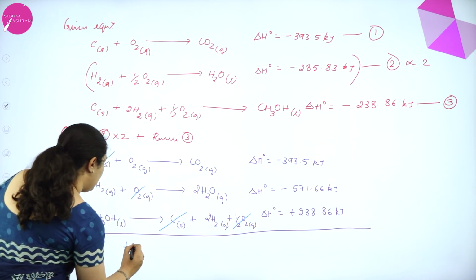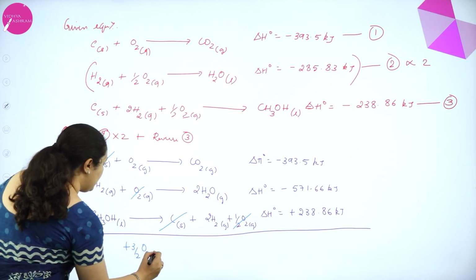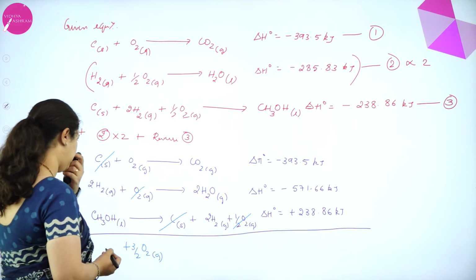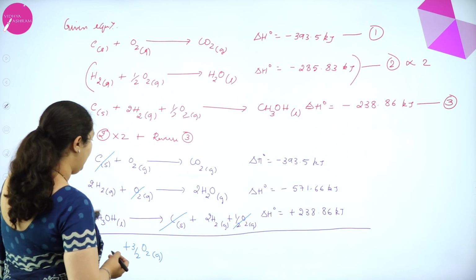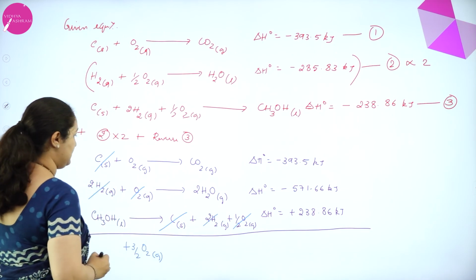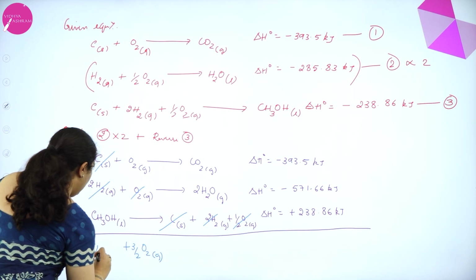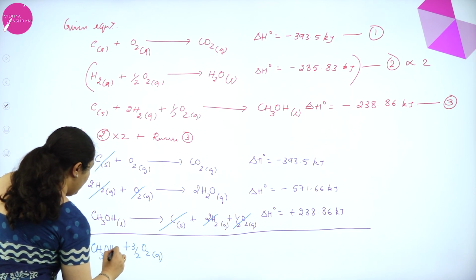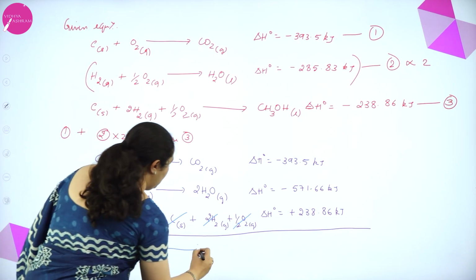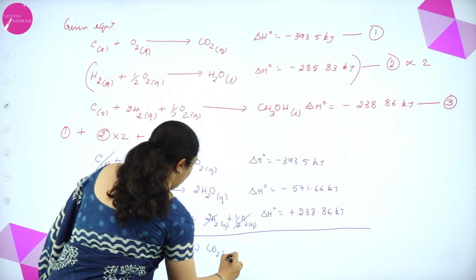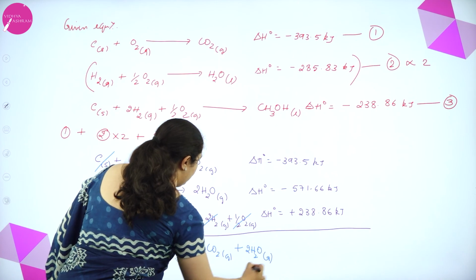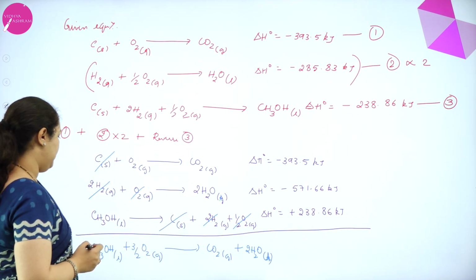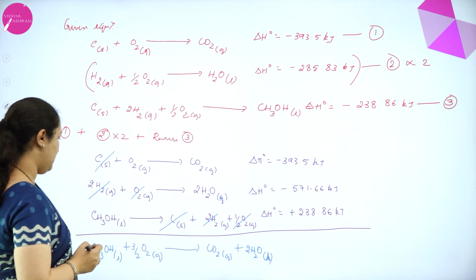So I have 3 by 2 O2 which will remain. Then hydrogen and hydrogen get cancelled. Now I have the remaining, that is CH3OH with oxygen, you get carbon dioxide and 2H2O. So, have you got a balanced equation?